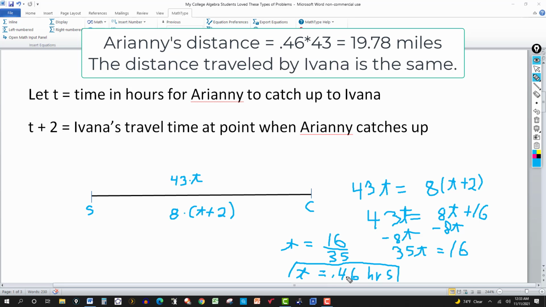So let's just say right under 20 miles is the distance traveled when Ariane catches up. And that is the solution to that problem.